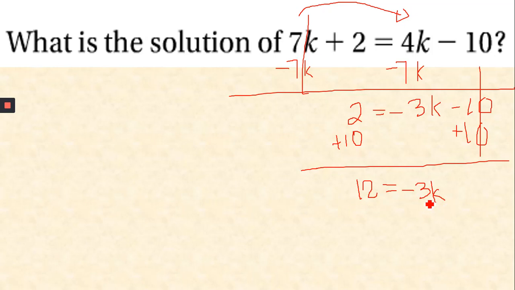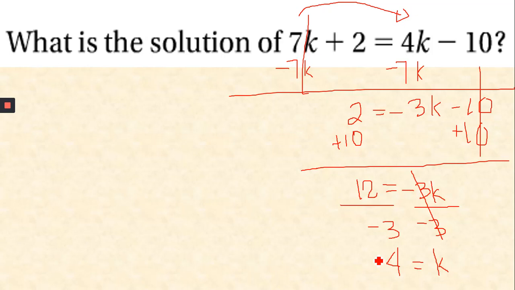Your k has a coefficient of negative 3. Therefore, we're going to divide each side of the equation by negative 3. Negative 3 divided by negative 3, that will be 1. So we're just going to copy the variable k is equal to 12 divided by 3, that is 4.